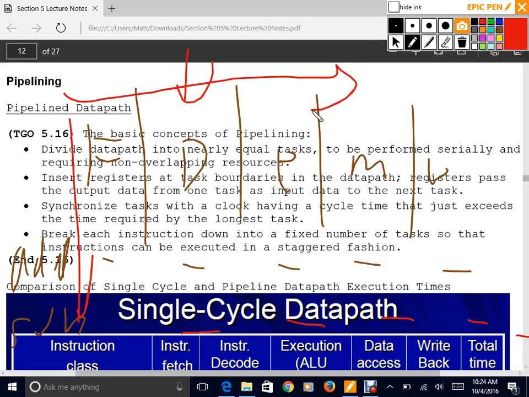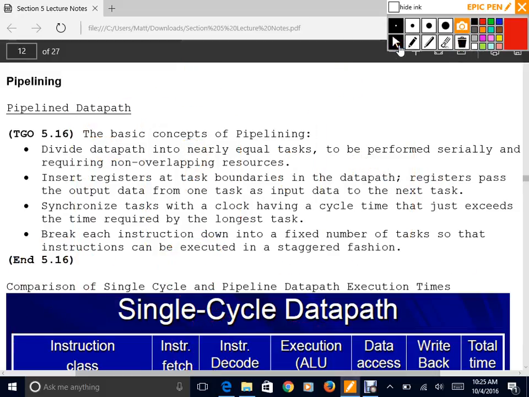What this means is that at this time, it's doing the fetch of the subtraction instruction, which is the second one here, and the decode of the add instruction simultaneously. And the goal, in a perfect case, we're going to do a proof on this. The goal is, ideally, you want to have 5 instructions in the data path simultaneously. But that will cause some issues, and we'll talk about those later.